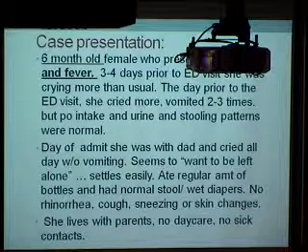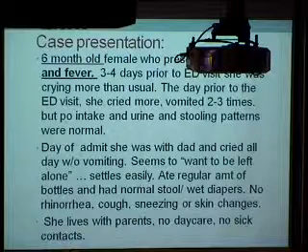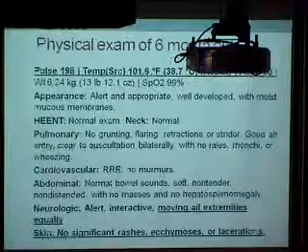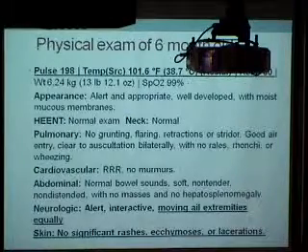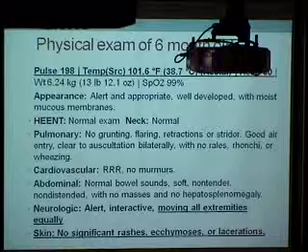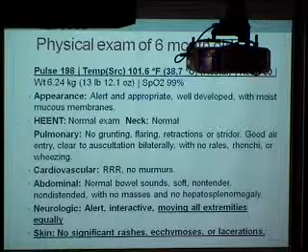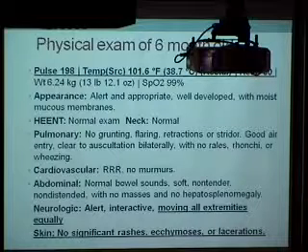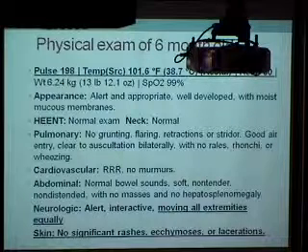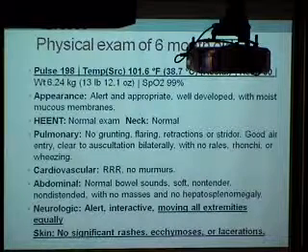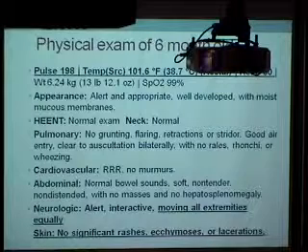She lives with her parents. She's not in daycare. She has no sick contacts. And here's her physical exam summarized. Basically, she's tachycardic and she is febrile. She's tachypneic. She's a normal-looking child. This is all normal. She's moving all of her extremities. Whoops, I'm running out of my battery. And she has no skin findings.